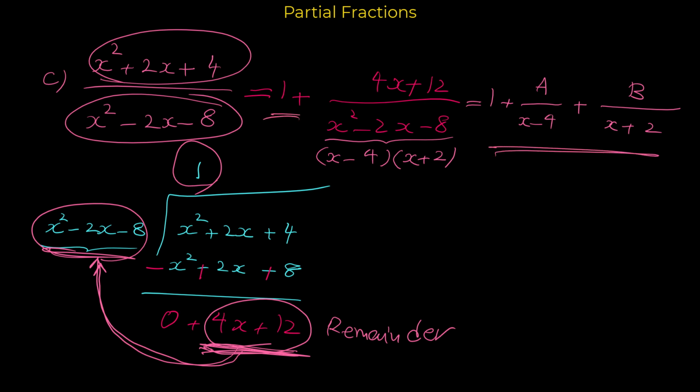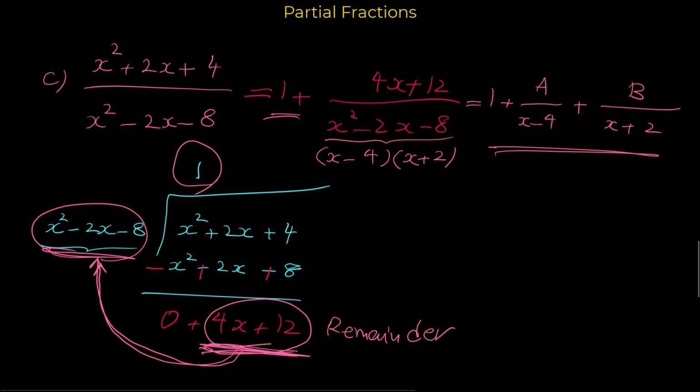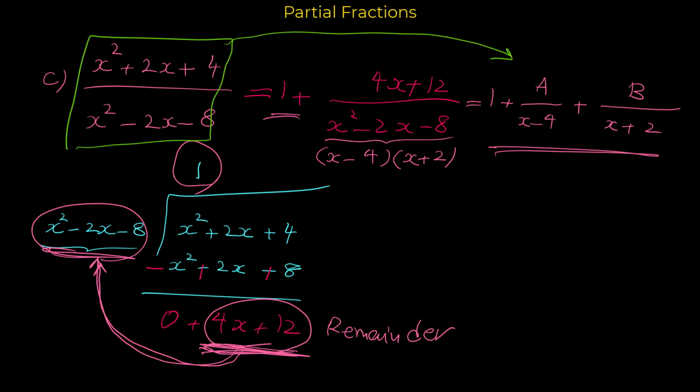So finally, the partial fraction decomposition form for this rational function that we had in the beginning is 1 plus A over x minus 4 plus B over x plus 2. This is the partial fraction decomposition form.